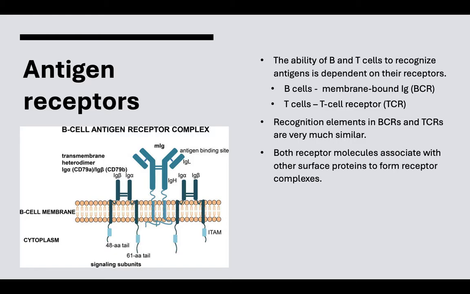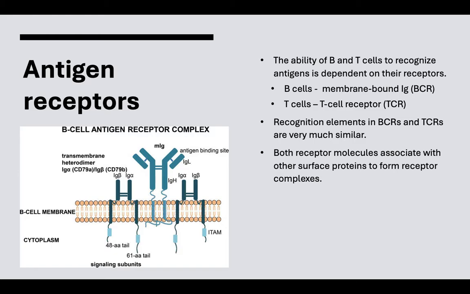Now, these BCRs and TCRs are associated with other surface proteins. You will remember what we discussed about the recognition receptor complex. The recognition receptor complex is not only made up of the BCR and the TCR alone, but there are associated surface proteins proximal to these BCRs and TCRs that form associations with them, and essentially they form the whole receptor complex.